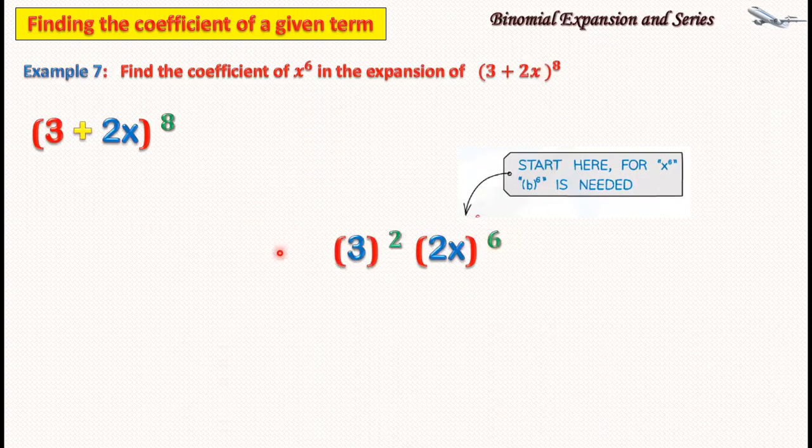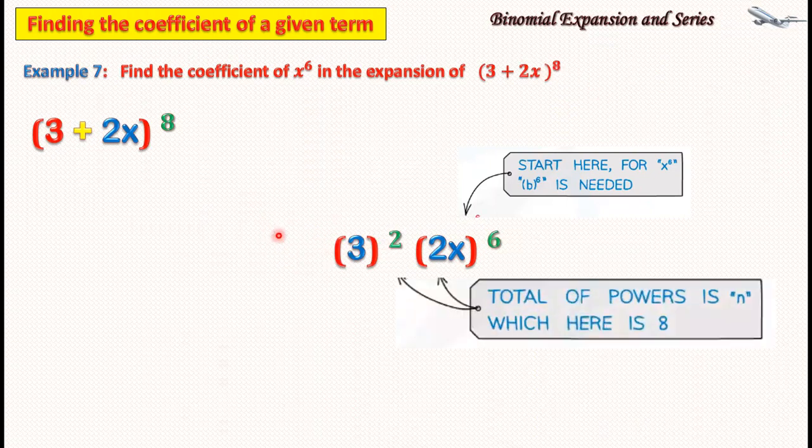Now, what I have to put in front is the combination. I made mention of something about the combination before. Our n here is 8, so I have 8 combination, and the number that is very important here is 6. Recall, I said this number at this end must always correspond with the power of x at this position.